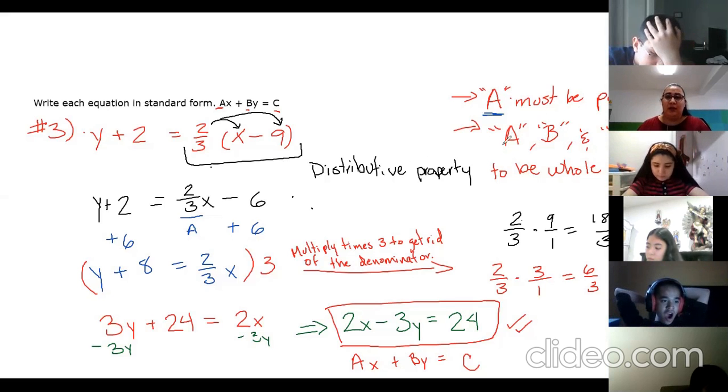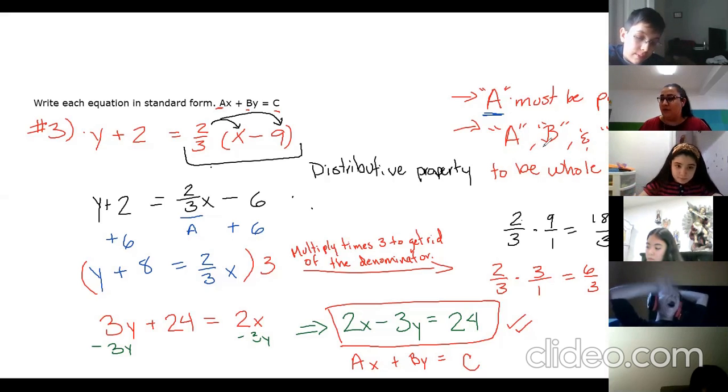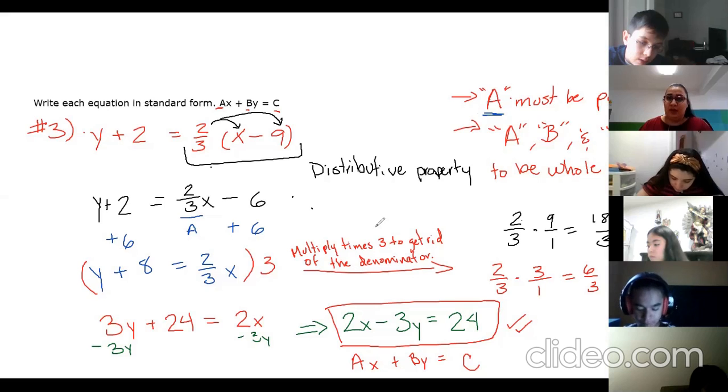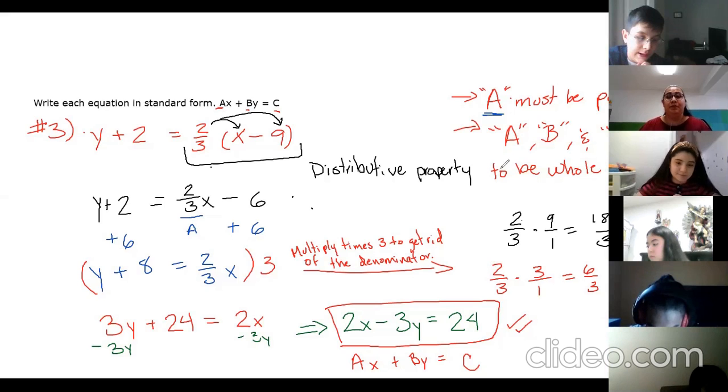And if for any reason you have fractions, which you do on number 5 and on number 2, 5, and 6, you need to multiply times the denominator from the fraction in order to get rid of it and have A, B, and C become only whole numbers.